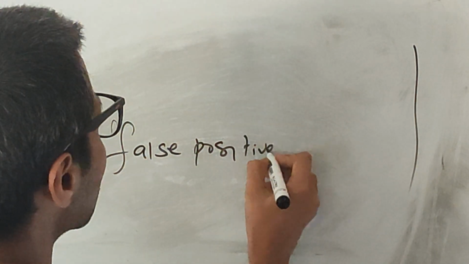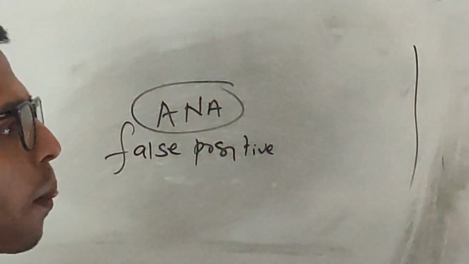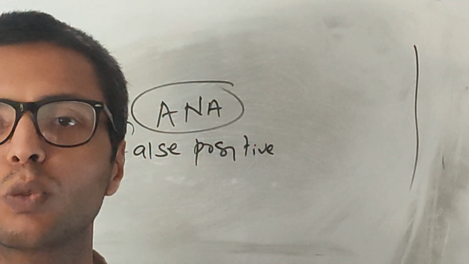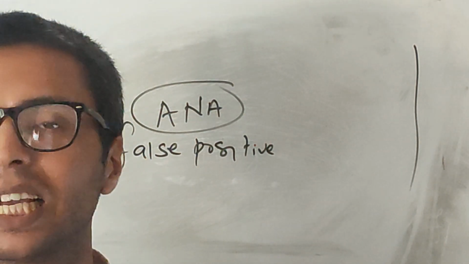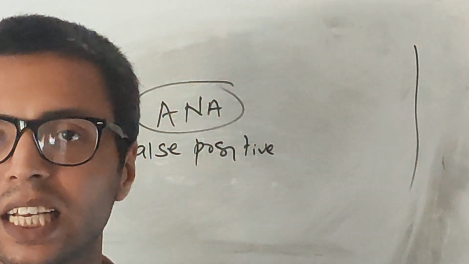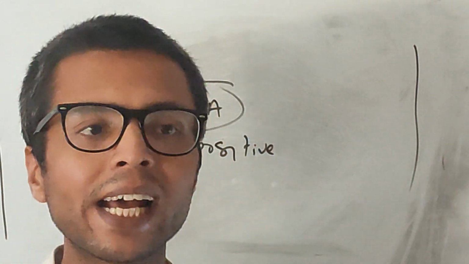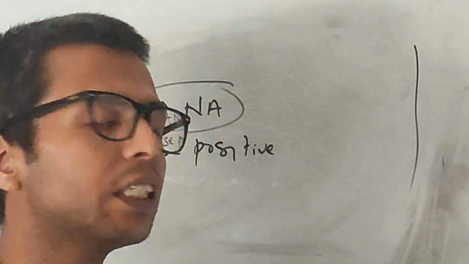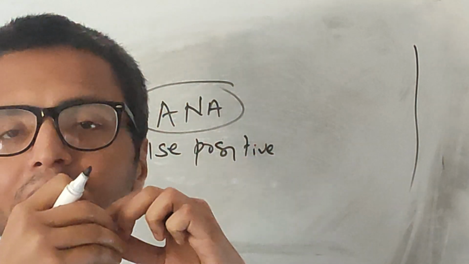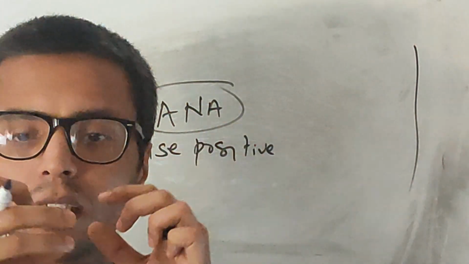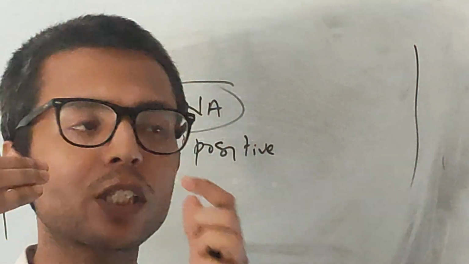So we don't test ANA in every individual. Whenever we suspect a patient may be having autoimmune disease with clinical symptoms and signs, then only we test ANA. Otherwise we don't test ANA because there is a high chance of false positive. And as a person ages, these cells start dying and those nuclear antigens are more exposed, so as the individual ages, there is an increased chance of positive ANA.